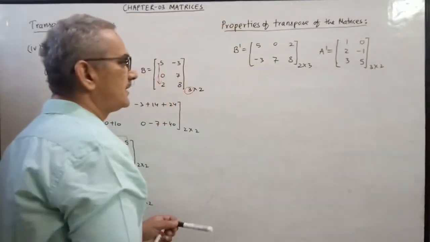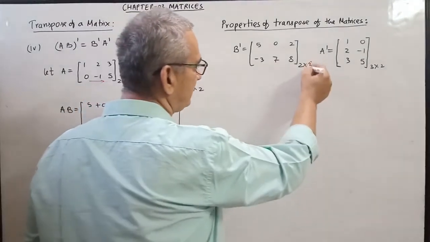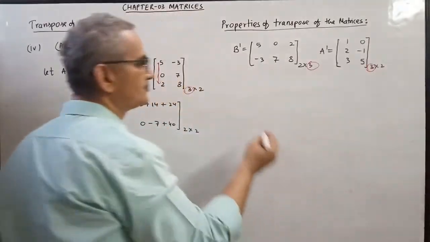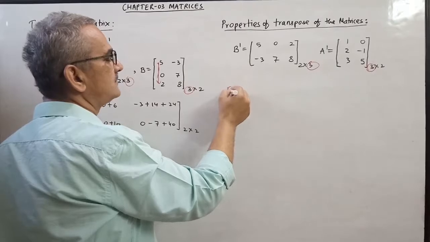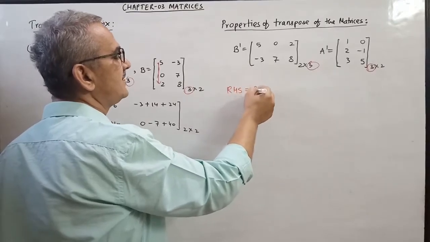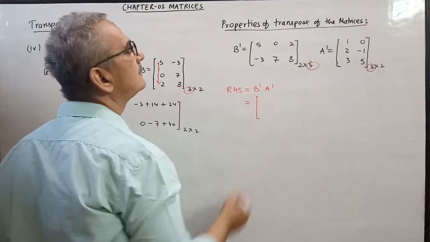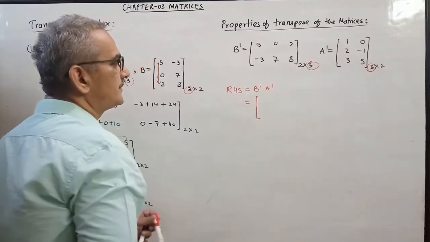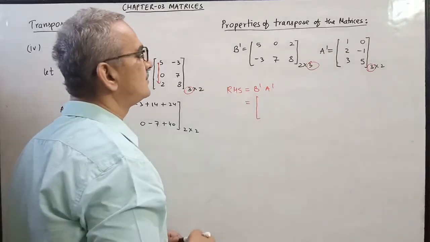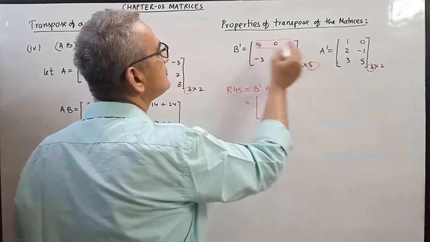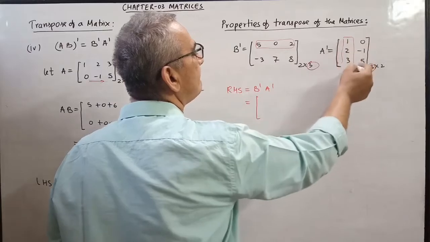So you are seeing here that we can multiply B dash by A dash because the number of columns here is equal to the number of rows. So that will be our RHS, B dash multiplied by A dash. Okay, so we can do it directly. So we have to multiply the first row with first column.